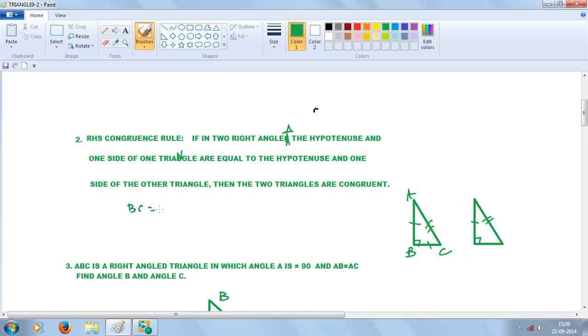BC is equal to root of AC square minus AB square, which is equal to root of DF square minus DE square in the other triangle DEF. BC and EF are both equal, because AC is equal to DF and AB is equal to DE, given. Hypotenuse and one side are given, so then we can find out the other side.